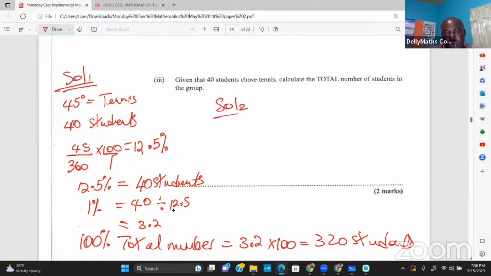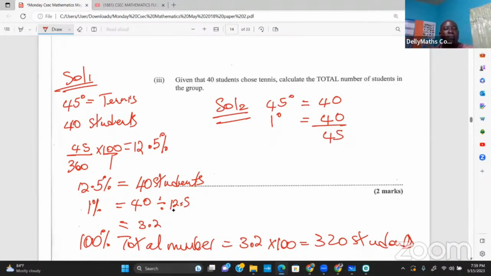Solution 2. I could now take my 45 degrees and say 1 degree. Watch this. 1 degree is 40 divided by 45.